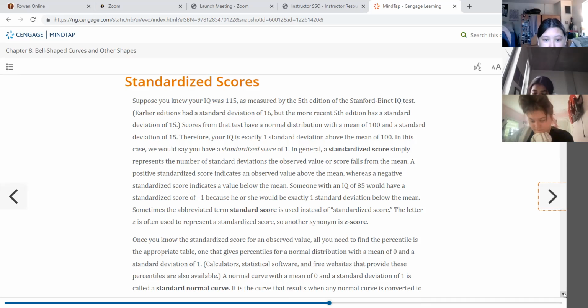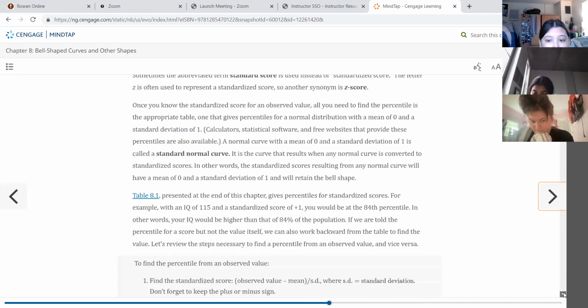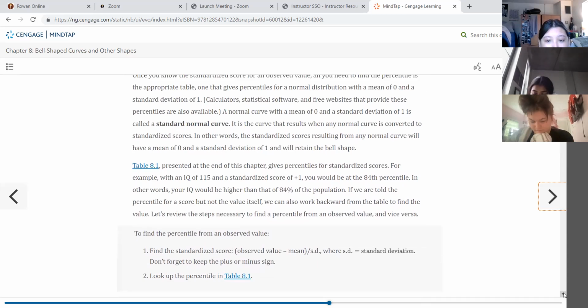On the other hand, if somebody else scored a 90, that person scored 10 points lower than the mean, and because a standard deviation is worth 10 points, they scored one standard deviation less than the mean. Okay? That's what we mean by standard score.